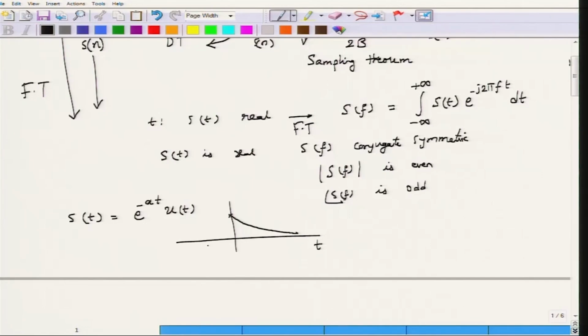Okay. However, t can also go negative because we did not say anything about t being positive or negative. So, what it means is that at t equal to minus infinity, this fellow would be at infinity, right. So, this is how e to the power minus a t is, and it turns out that such a signal cannot really have a Fourier transform, okay, because the integral will not converge in an ordinary sense.